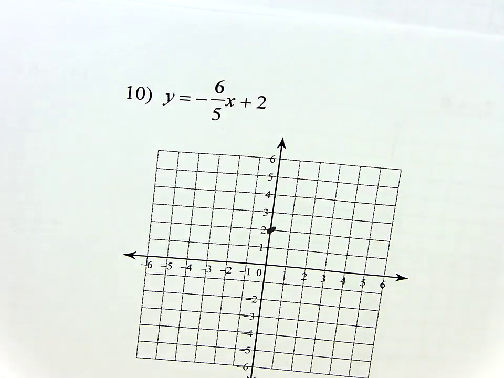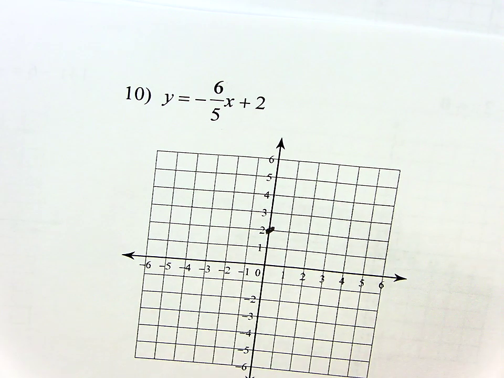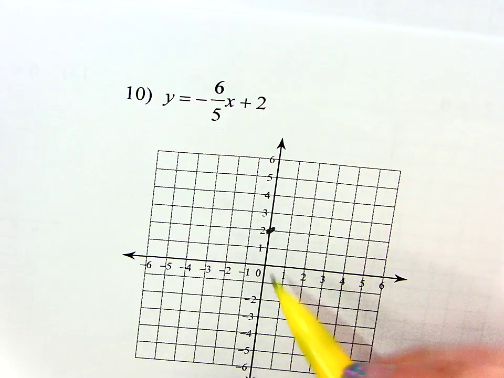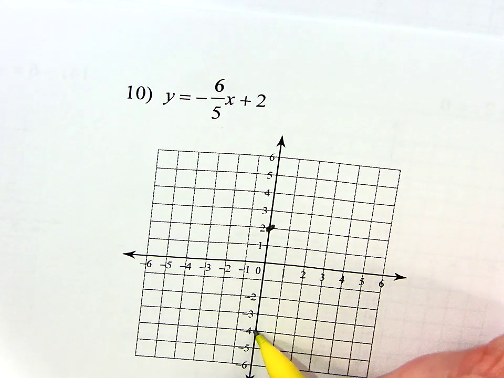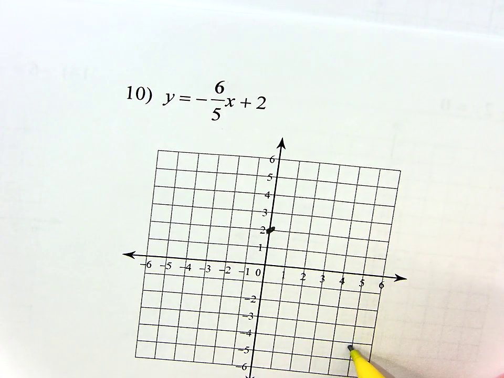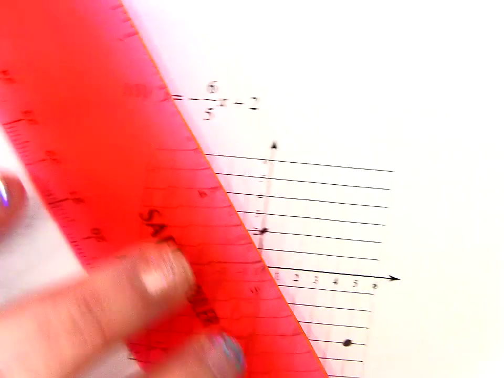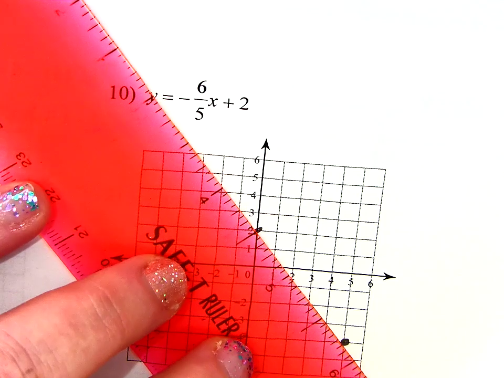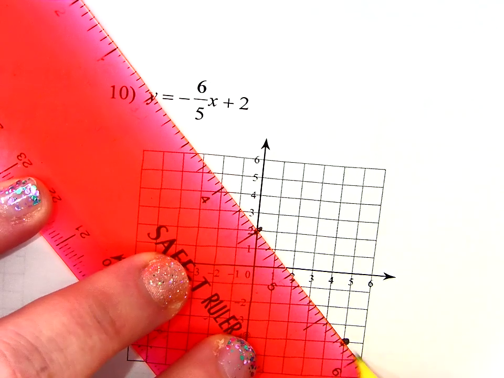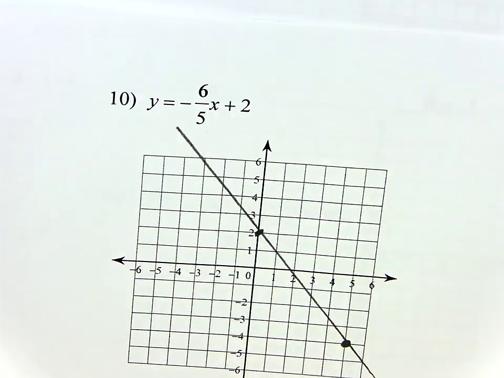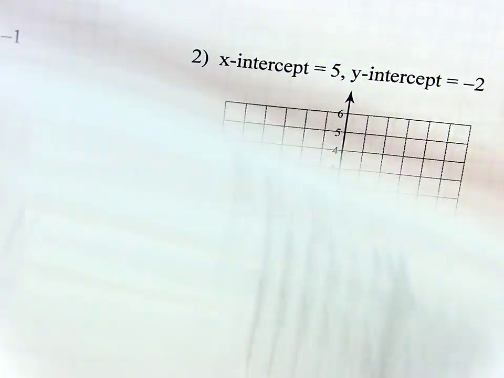No need to do the x and y intercepts on this one. Why would you bother? It's already in a form that's ready to graph. So from here, go down 6, go to the right 5. Pablo, what's that? 7? Sure. So here is 10, already done.